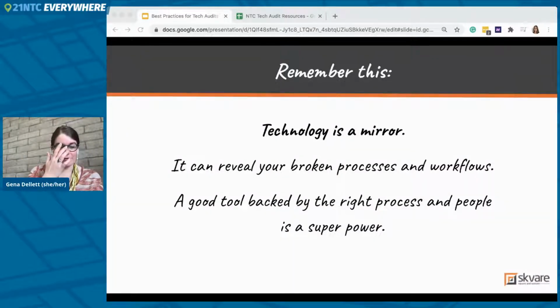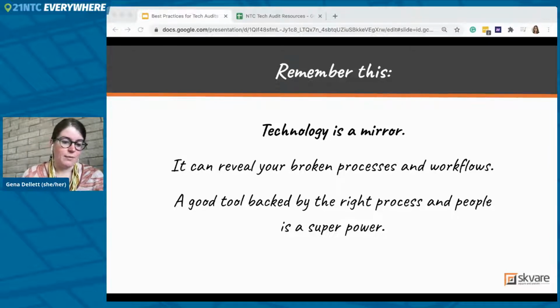And what I want everyone to remember this whole time, and refer back to in the slides that you can link to in the collaborative notes, is what technology is. Technology is a mirror. It can reveal your broken processes and workflows. And a good tool backed by the right process and people is a superpower.